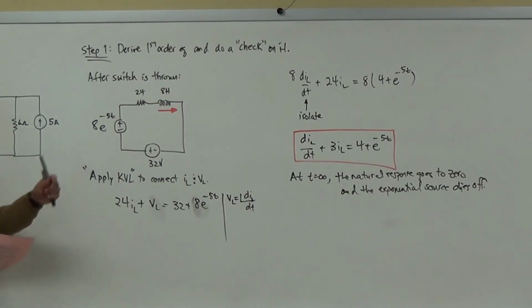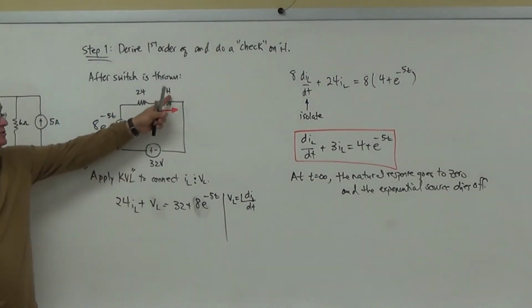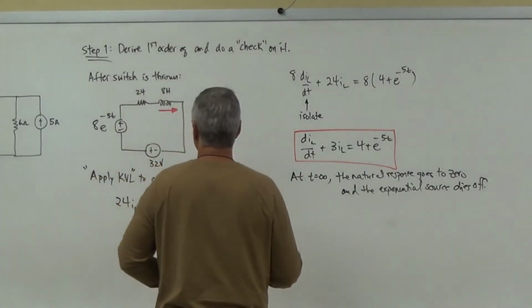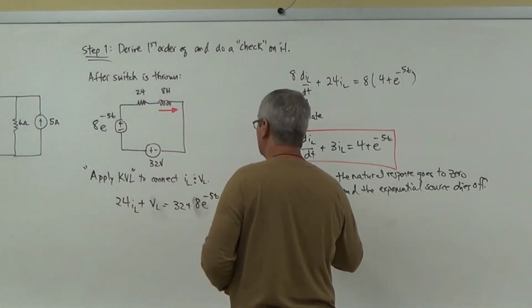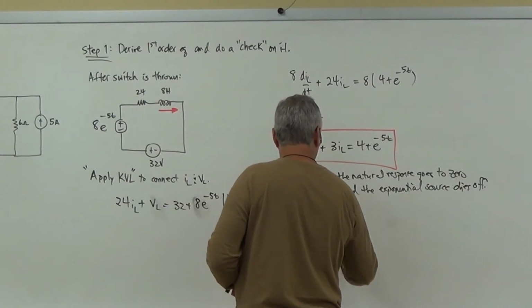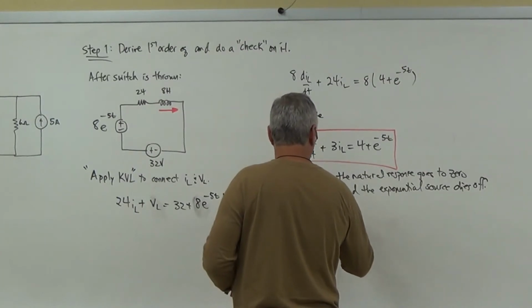So look at the circuit. This guy has to go to 0. This is 32. That goes as a short. Right? That goes as a short. So what I'm seeing here is that at t equal to infinity, I'm going to have 24.